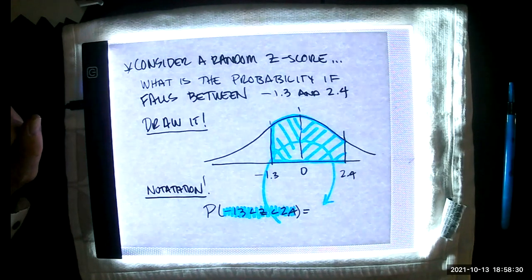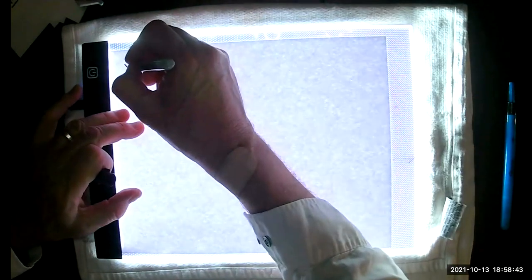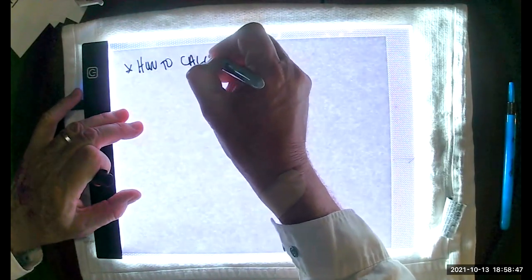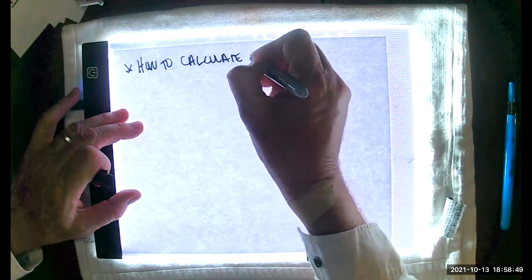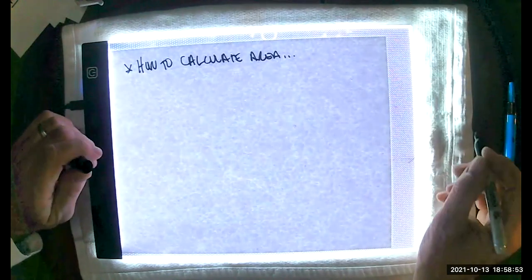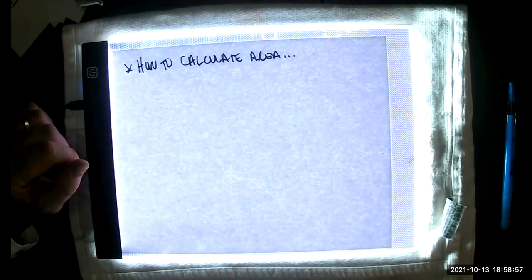How do we find area? There are a couple of different ways of going about it. So there's a couple of things that I need to consider when I calculate area.